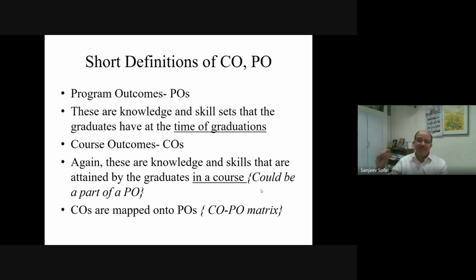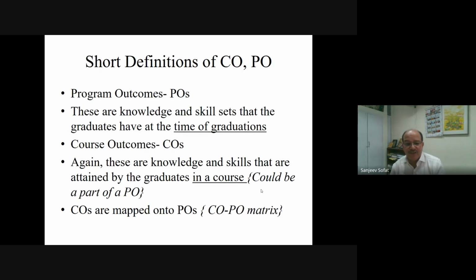So in case my program outcome was to teach you programming, I had to teach you one algorithm course and two or three programming courses. So corresponding to one program outcome, I had to think about these three courses, and each of these courses will have its outcome.